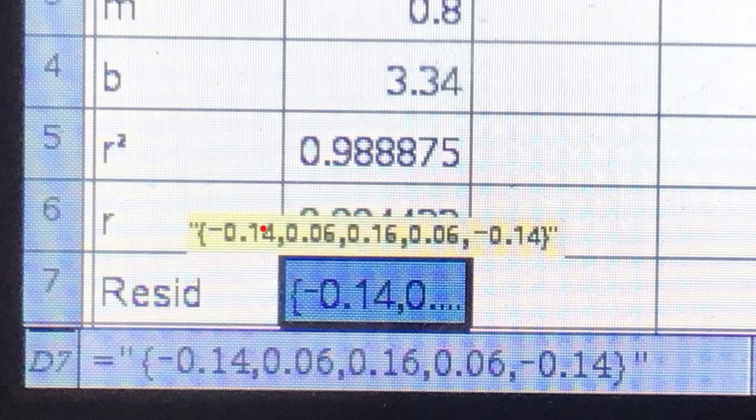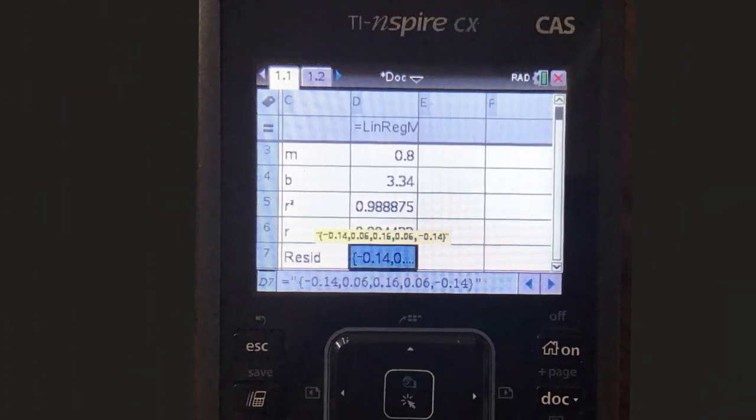These are your actual residuals, the calculated minus the one from the data: negative 0.14, 0.06, 0.16, 0.06, negative 0.14. The calculator will show these if you put your arrow over that box; all of these numbers up here are your residuals. In fact, we're going to do something with this in a second when we flip over to the other side of our worksheets.